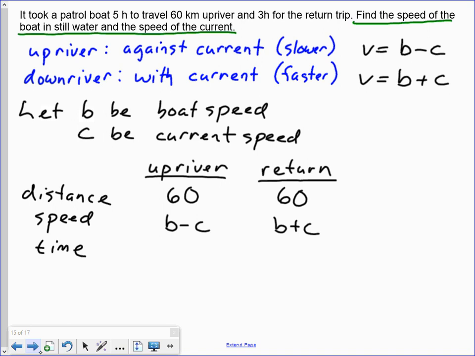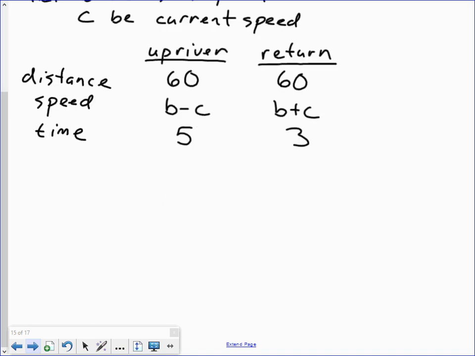What about the time? It took 5 hours to travel upriver, so 5 hours here, and 3 hours to make the return trip. Just like in the last question, we can take that information from the table and develop our two equations, because we know that velocity equals distance over time.